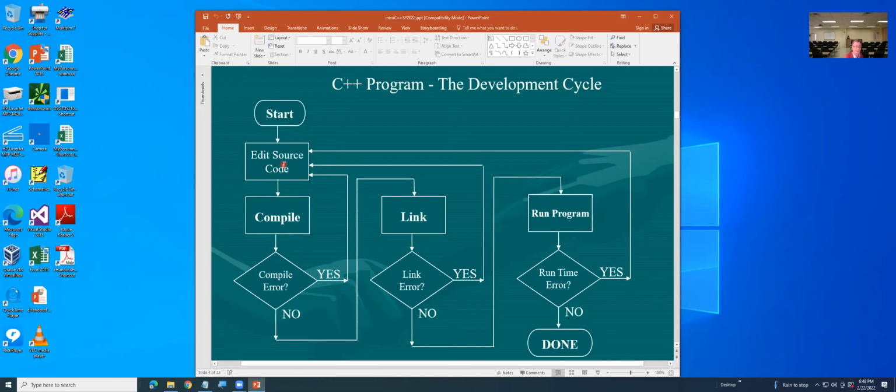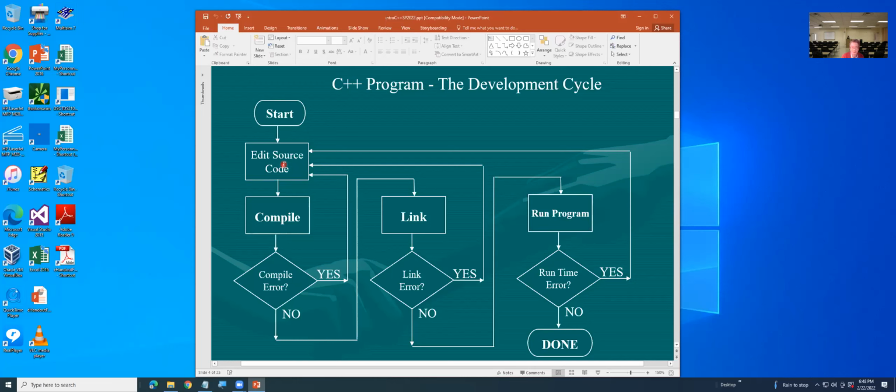What does it mean to edit the source code? You have to change your C++ code. That means you get into C++ and type your program. That means edit the code.